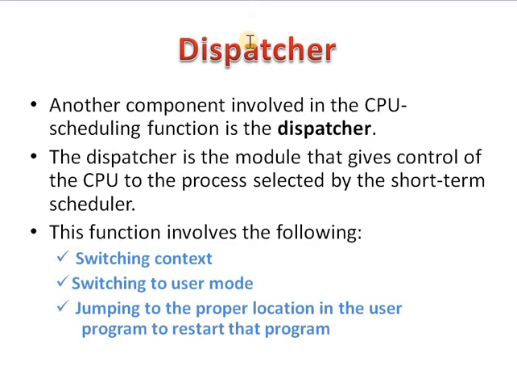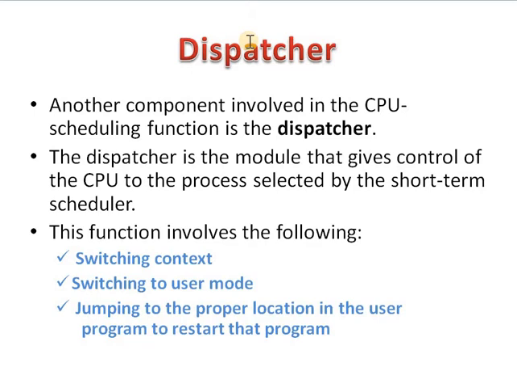The dispatcher is nothing but a special program or special module of the operating system which comes into play in the scheduling of a number of processes. That means when the scheduler completes its job of selecting a process, then it is the dispatcher which takes that particular process to the desired queue.